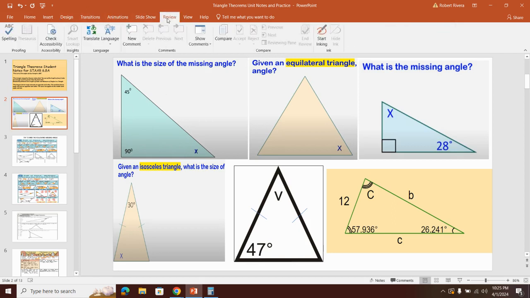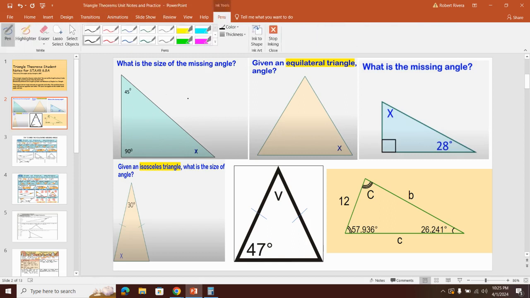I would first add these two, 90 and 45, so I can see how much we have up to now, and that would be 135. So together these two equal 135.